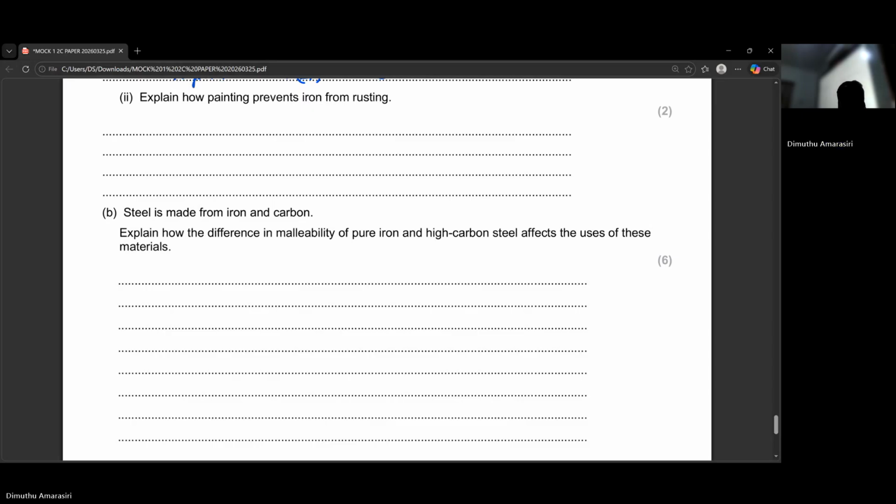High carbon steel means you have put carbon in order to increase the strength of steel. So the first point: steel is an alloy of carbon and iron.